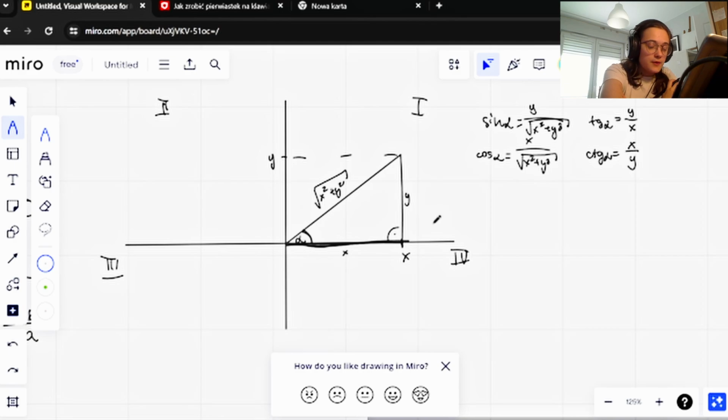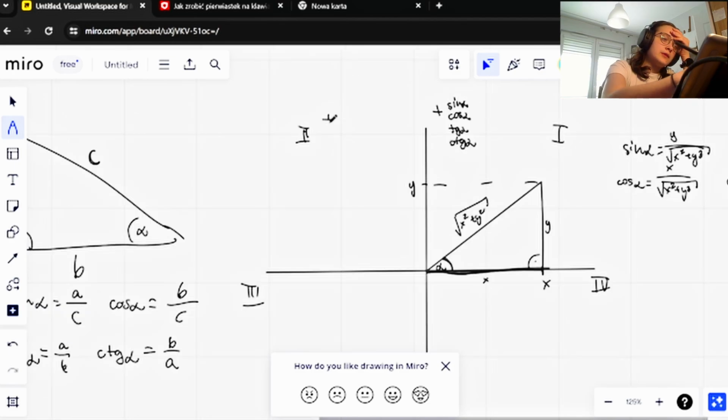Cosinus is positive because, as you can see, this is positive, this is positive. Every value here is positive. So we will write a plus here. Now I will only write the positive ones. We don't need to know the negative ones.